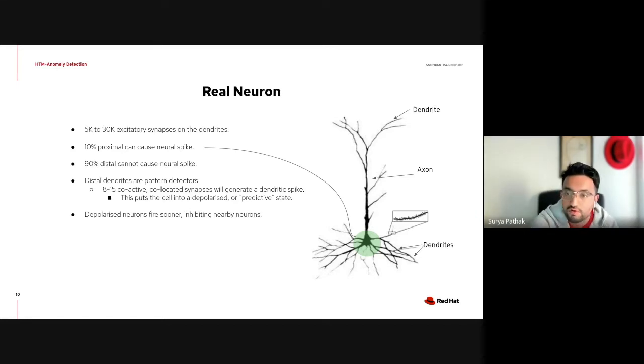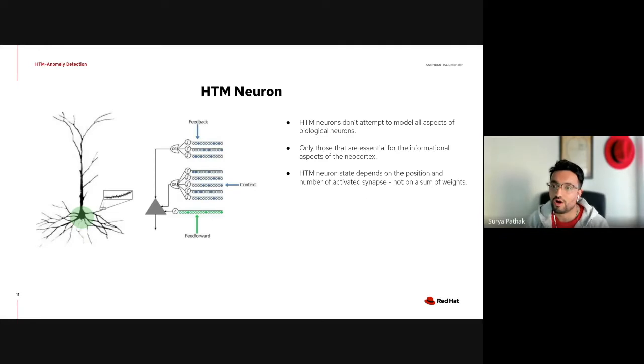If we move on, how is HTM compared with this brain working mechanism? Now, HTM doesn't attempt to model all aspects of biological neurons, but only some essential features of the neocortex.